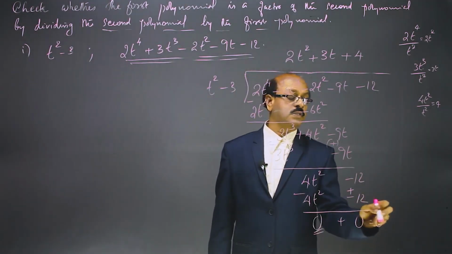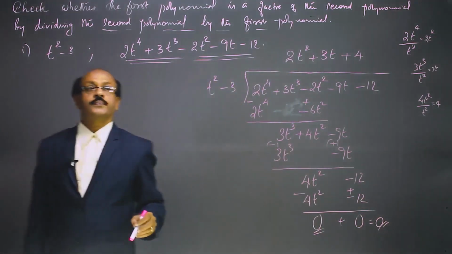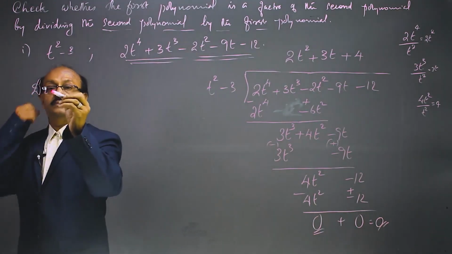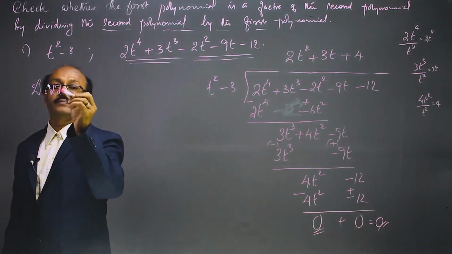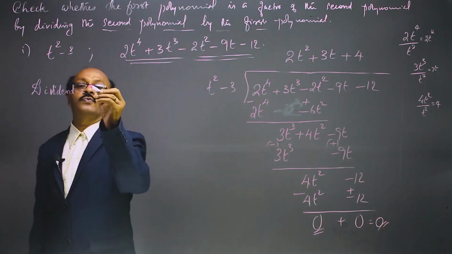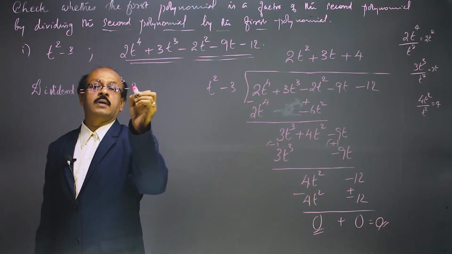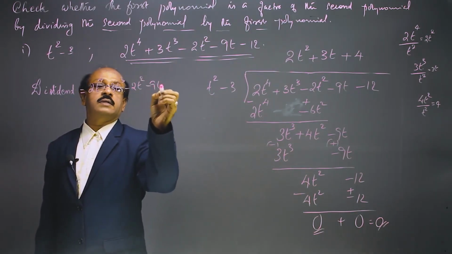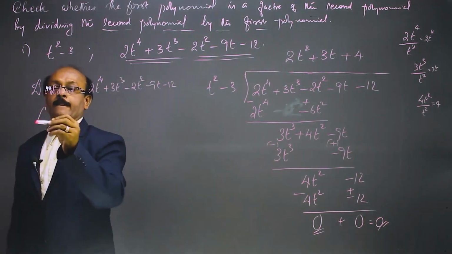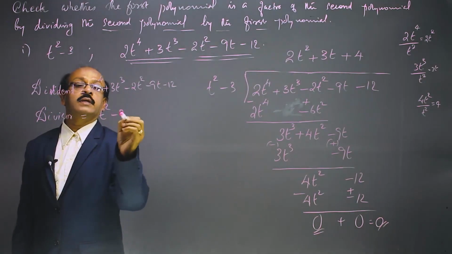So the result is 0. That means the remainder is 0. Now we can write: the dividend is equal to 2t raised to 4 plus 3t cube minus 2t square minus 9t minus 12, and the divisor is equal to t square minus 3.